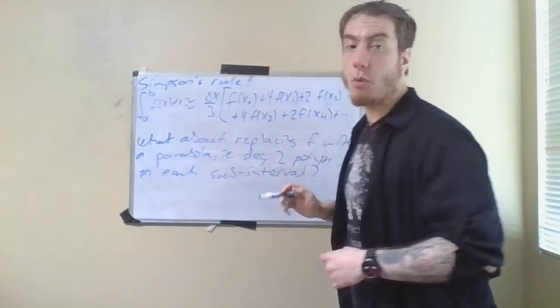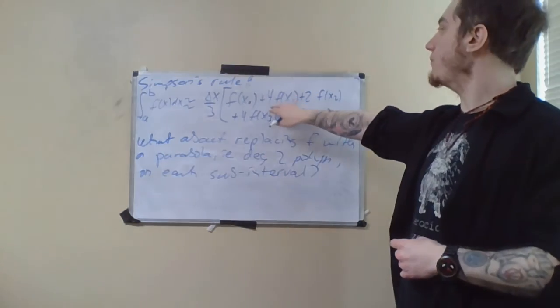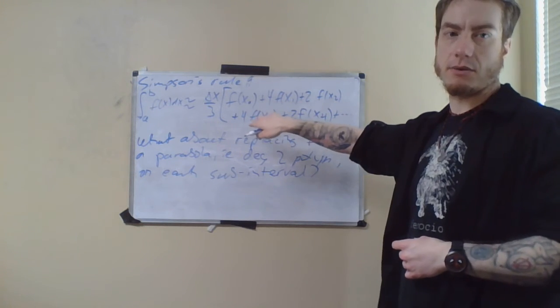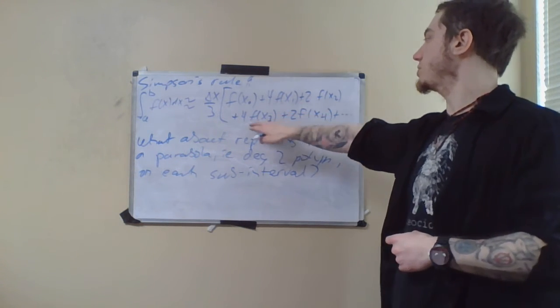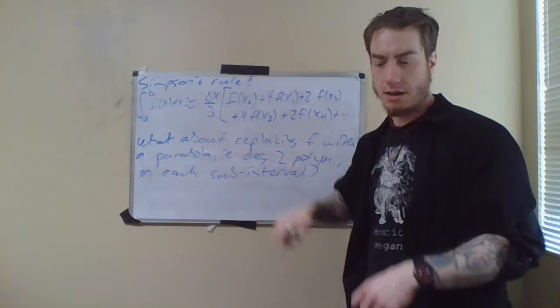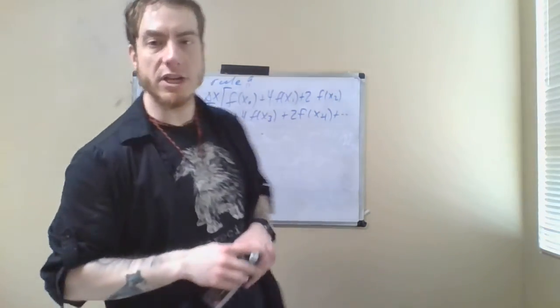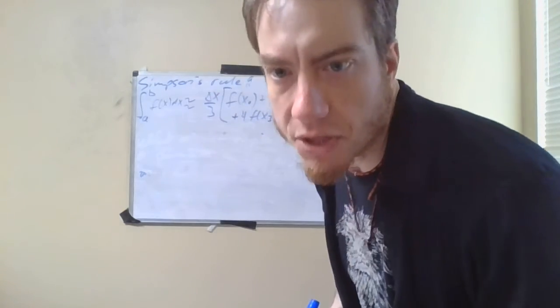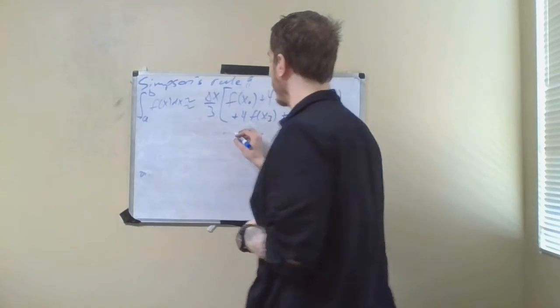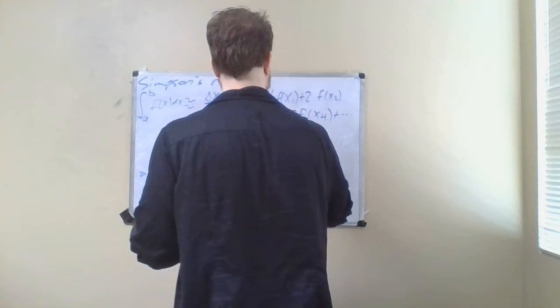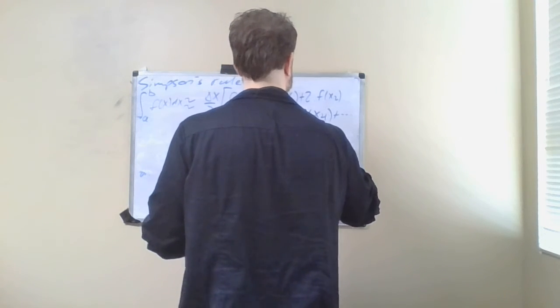And it keeps on going like this. So you get a coefficient of 4 on all the odd points of the interval, and you get a coefficient of 2 on the even xi's, until we get all the way out to the last one, where we just get one of them. So the very last one is going to be plus 4 f of xn minus 1 plus f of xn.